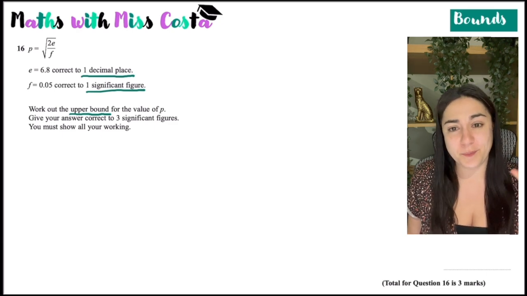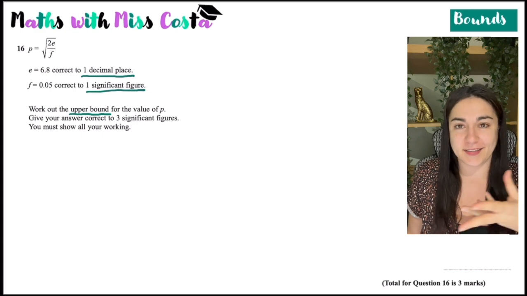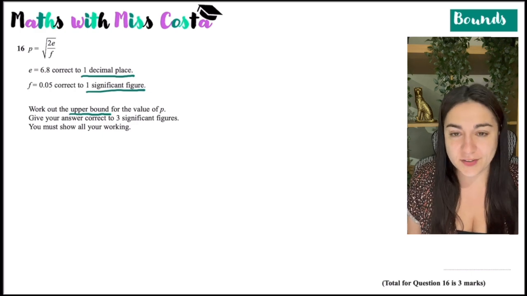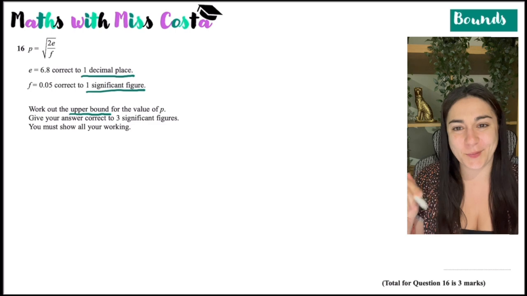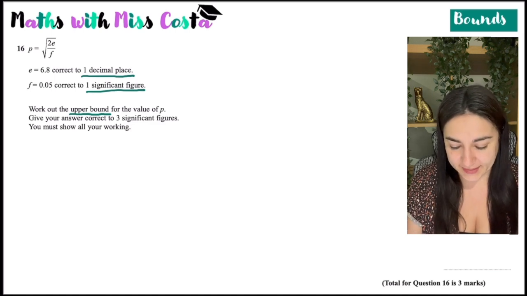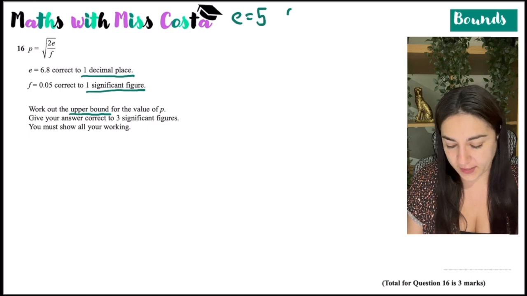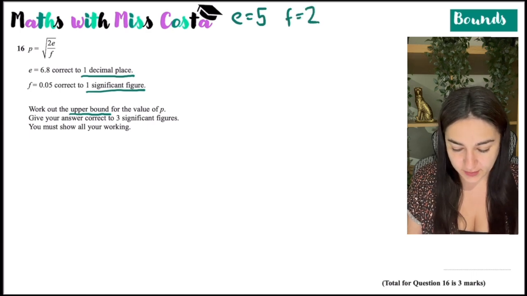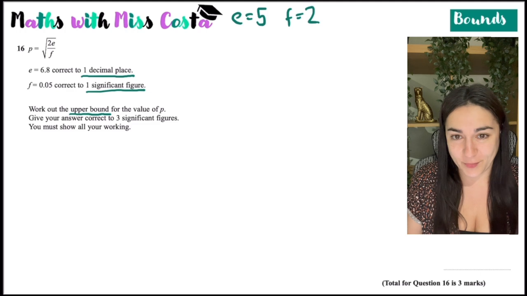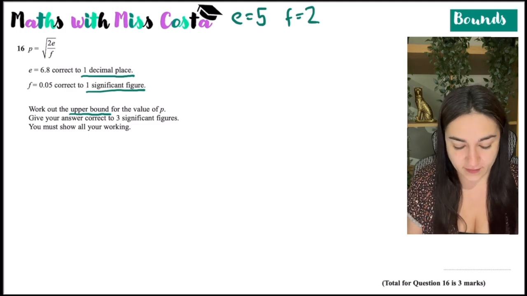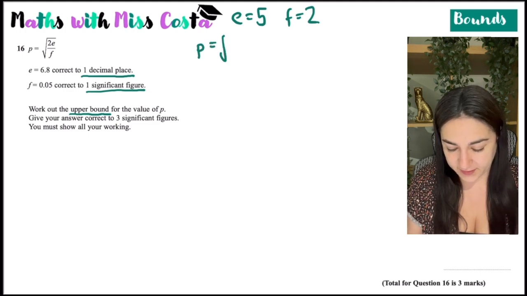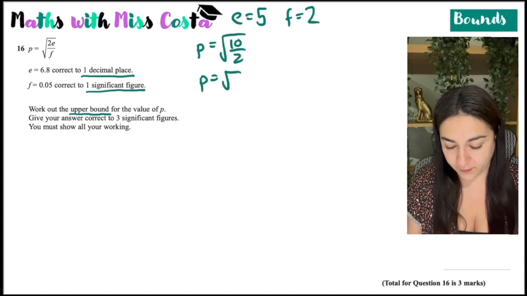But if memorization isn't your key suit, then what you can do is just substitute numbers in to see what would work. So for instance, if you said that e was 5 and f was 2, and then reverse that, we could see which would give us the bigger answer. So p would be the square root of 10 over 2, so p would be the square root of 5.